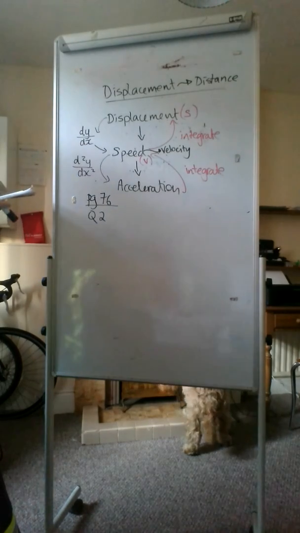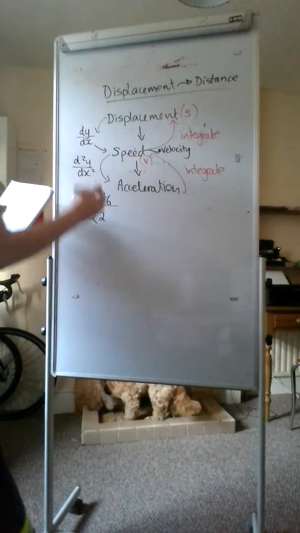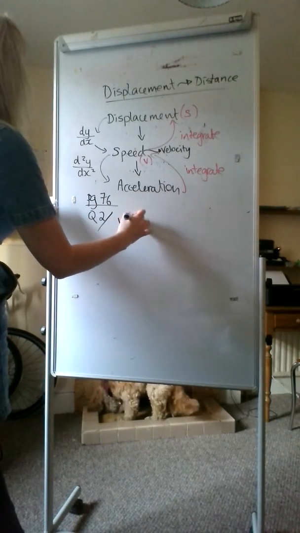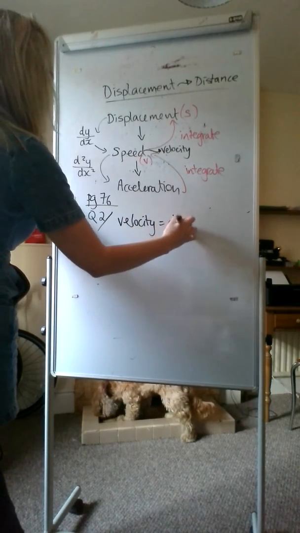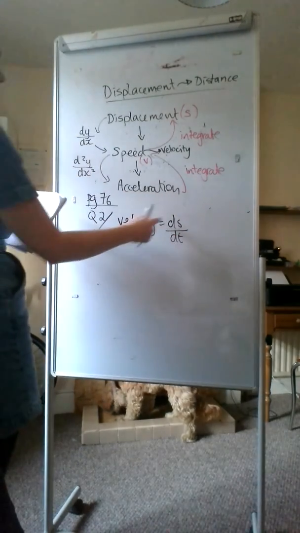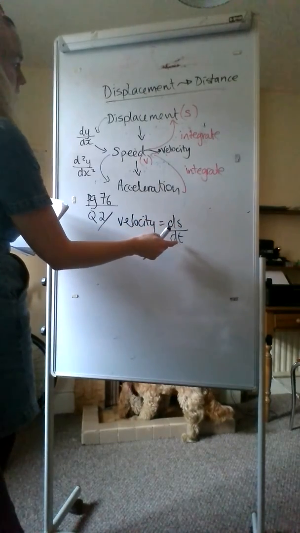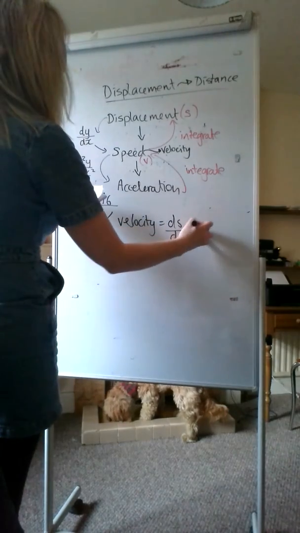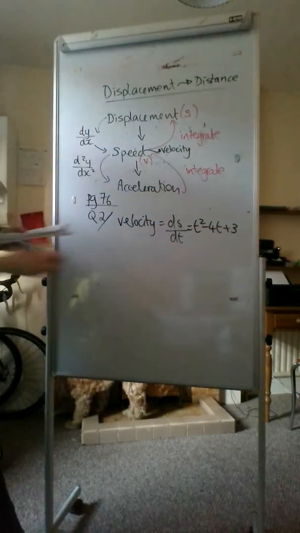So this one gives you a velocity, which they say is ds dt. That's very similar to doing dy dx, but now we're saying the rate of change of the displacement in terms of time, dt, and we've dealt with that before. And they tell you that it's t squared minus 4t plus 3.